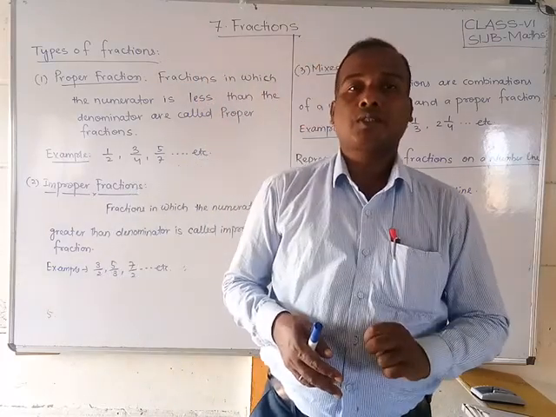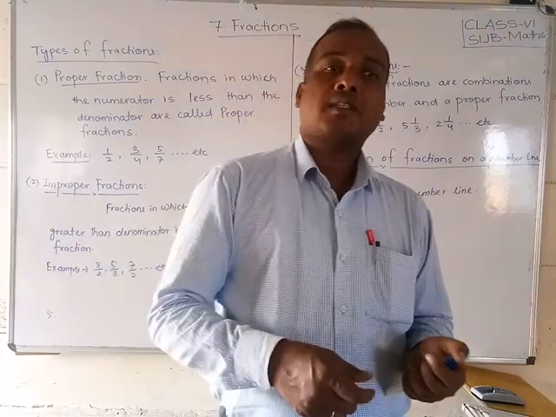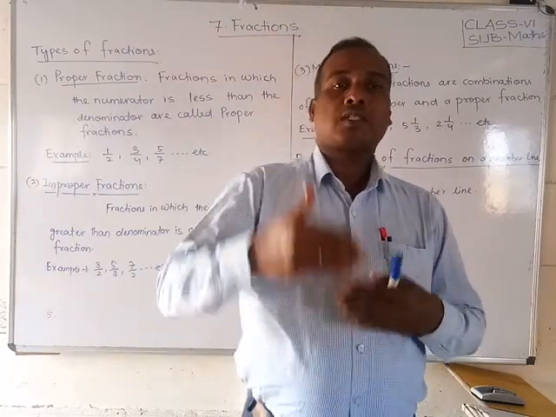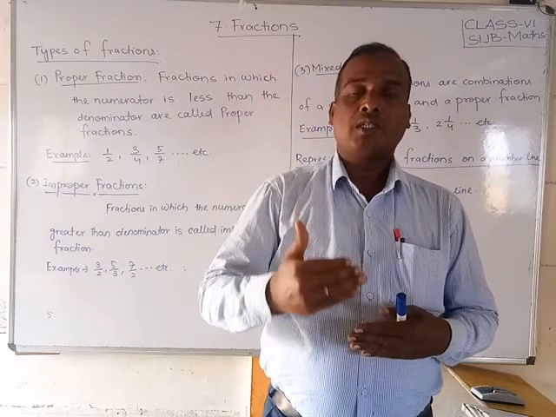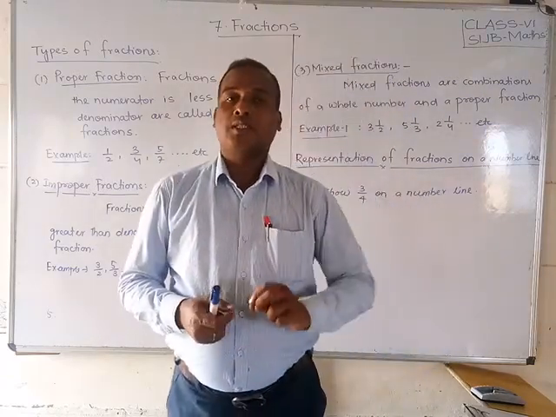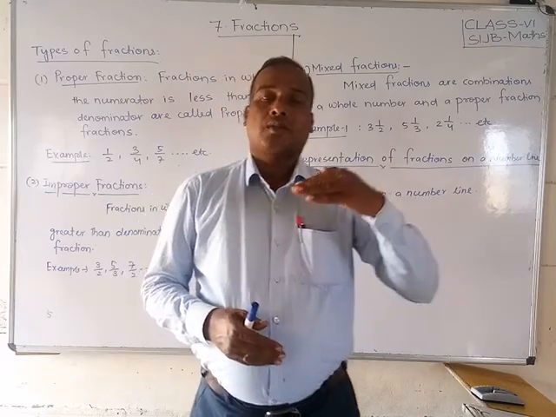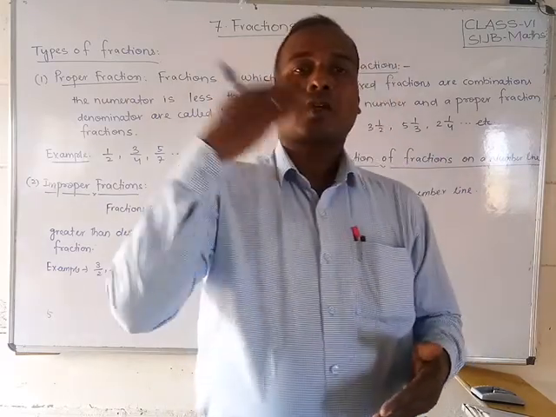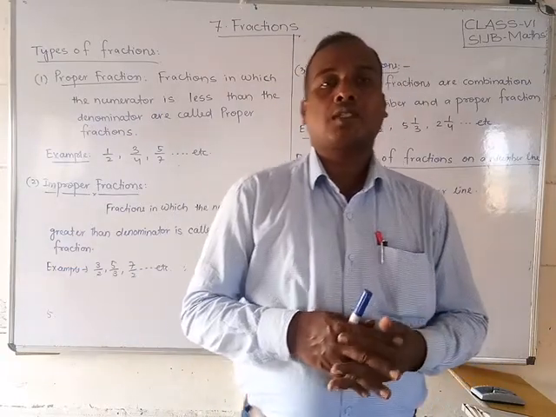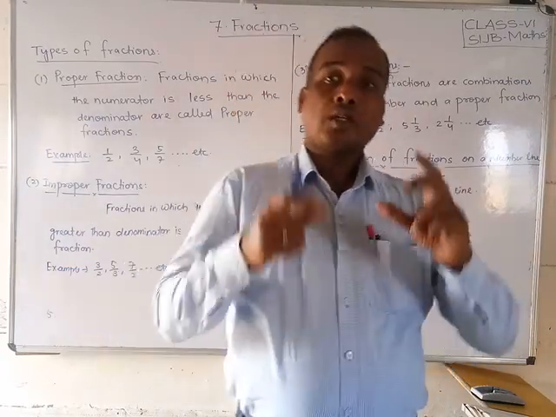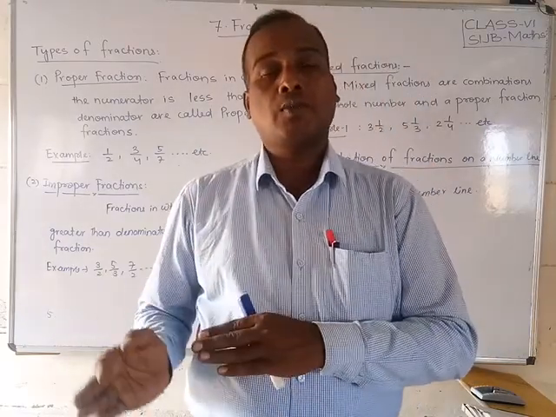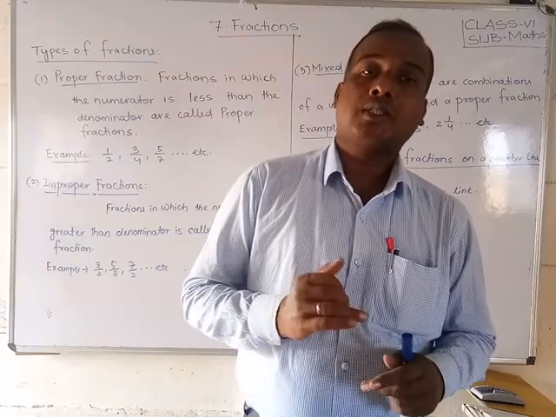I have already told you, when we write a fraction in p by q form, that means numerator by denominator, the upper part is called the numerator and the lower part is called the denominator.